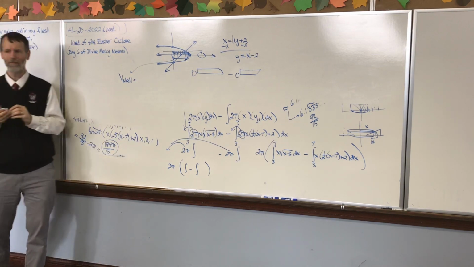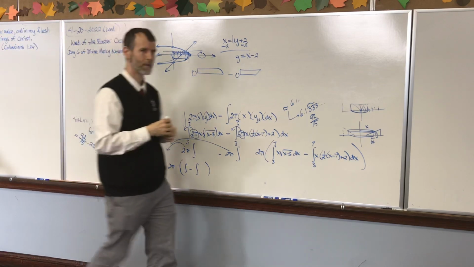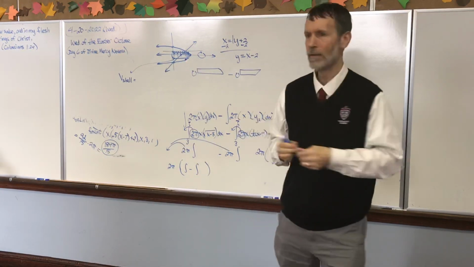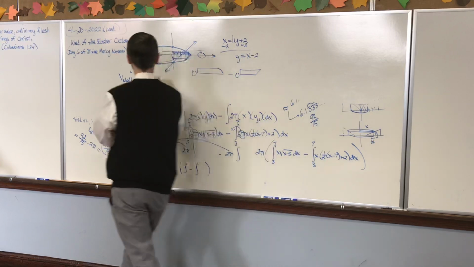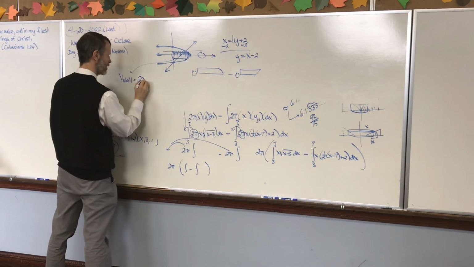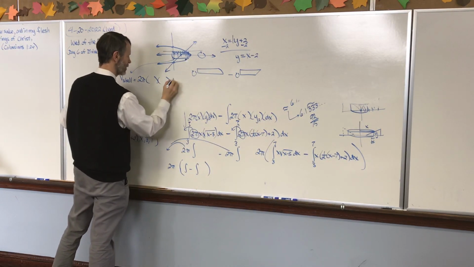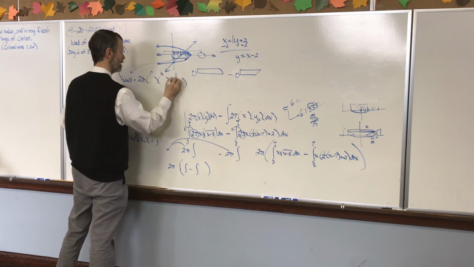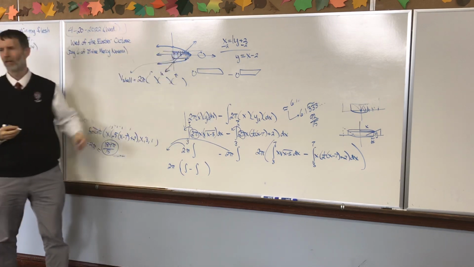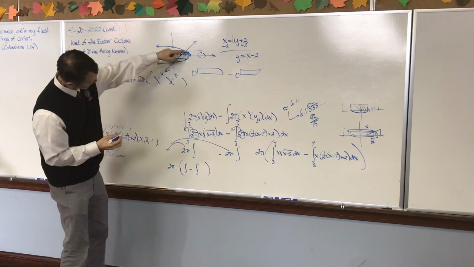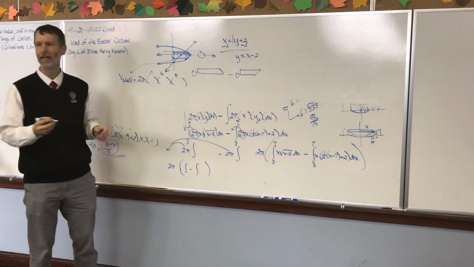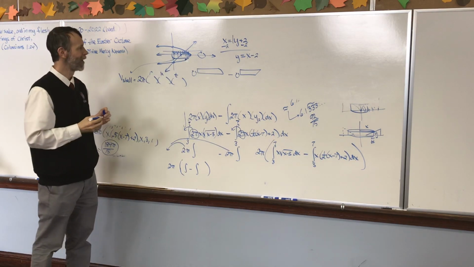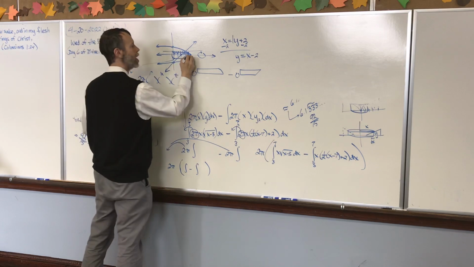2 pi r h t. 2 pi r h t. In this case, fill in that stuff. 2 pi something something something. R h t. What does r stand for? You tilt your head like this. Is it x or y? That's y.